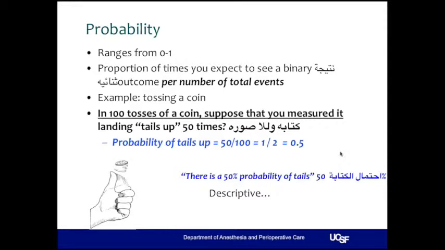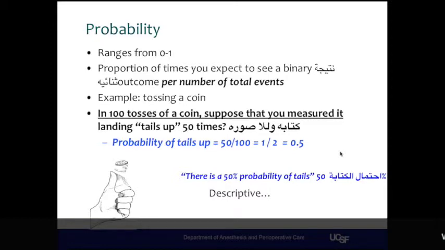In 100 tosses of a coin, suppose you measured it landing tails up, or a certain side up, 50 times. That would mean that the probability of tails up would be 50 divided by 100, 1 in 2, or 0.5, depending how you want to describe it. And in words, we say there's a 50% probability of tails. And this is something that we often will use in a descriptive study.